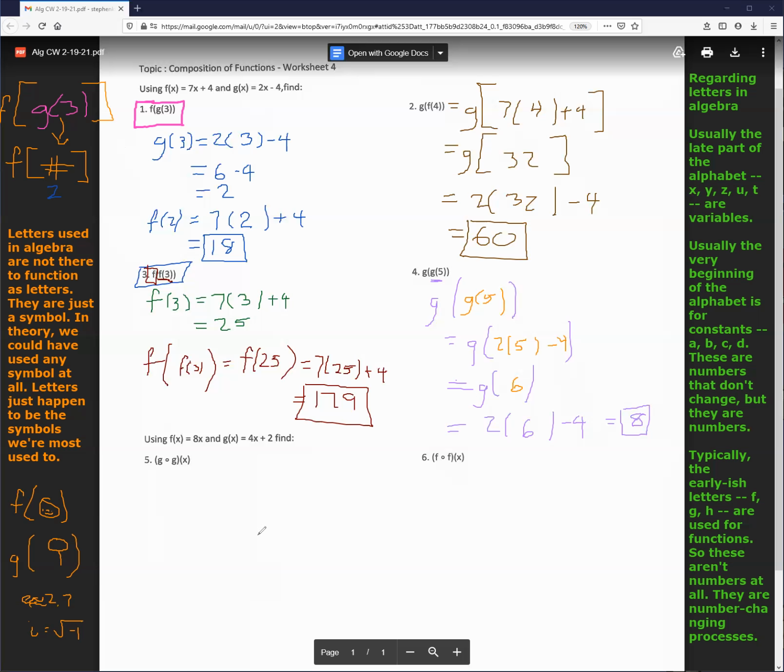All right, so with that out of the way, let's come back to our g of g of x here and remember that this literally is the same thing as g of g of x. You'll notice when I've been writing this, I've either been using brackets for the outer one or I've been using a big set of parentheses and a little set of parentheses.